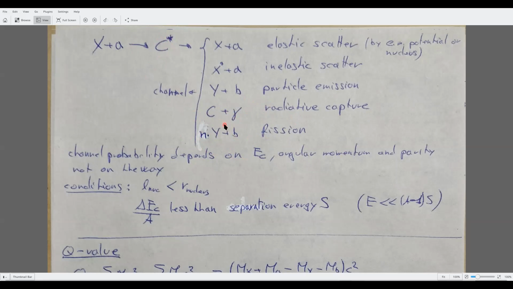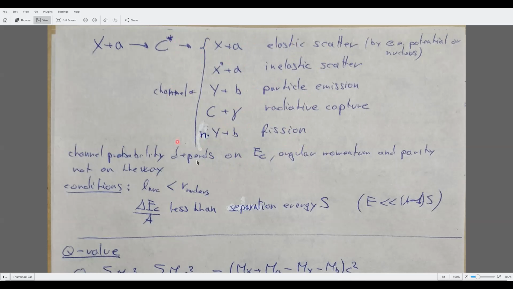This is, for example, the photodisruption of the iron by gamma ray. We'll see that the nuclei of iron is split into 13 alpha particles plus neutrons. This is a channel, a different way the reaction can result.